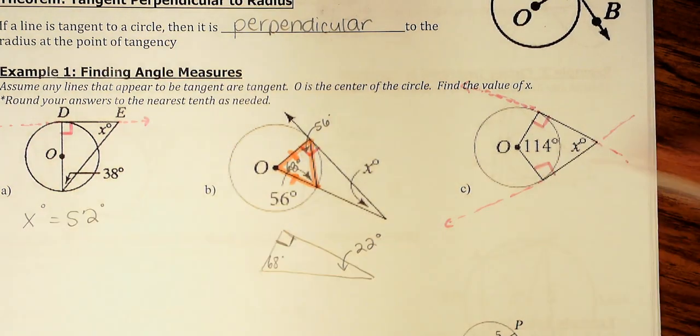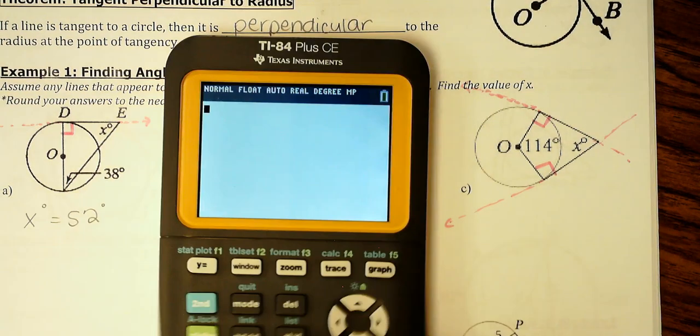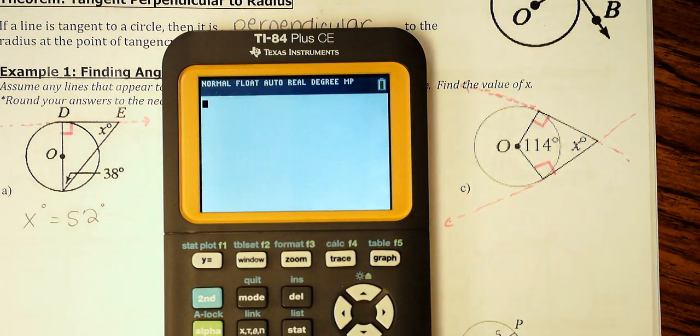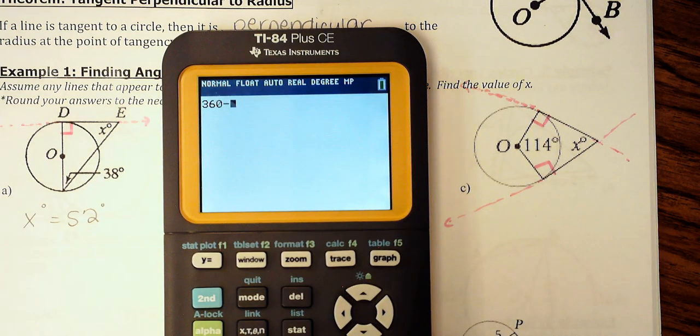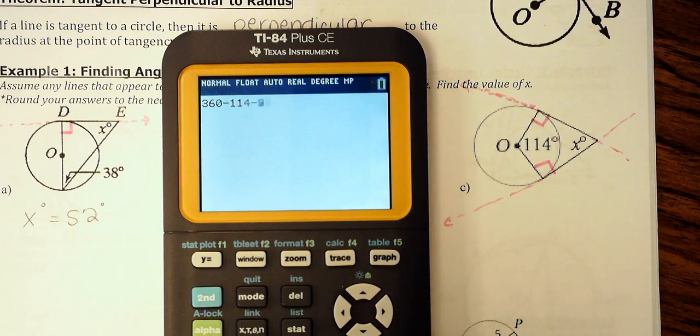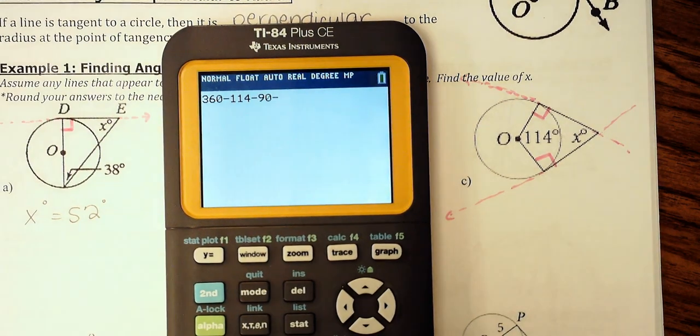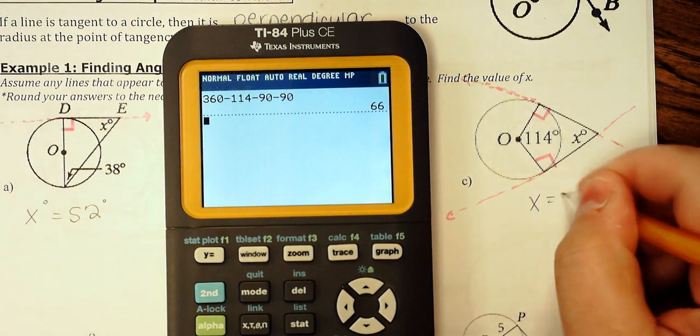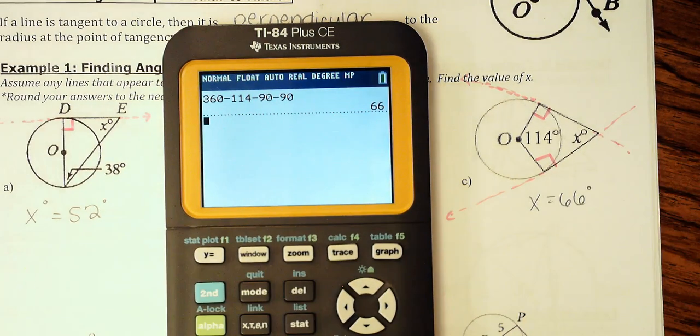This is also going to be a tangent. And if you guys look at the figure there, what I have is a quadrilateral. And so the inside angles of a quadrilateral are going to add up to 360. So to get X, we're going to subtract the 114 we got in the picture, the two 90-degree angles we get from that being a tangent line. And so here, X is going to be 66 degrees.